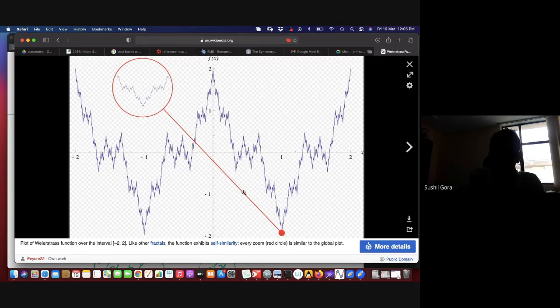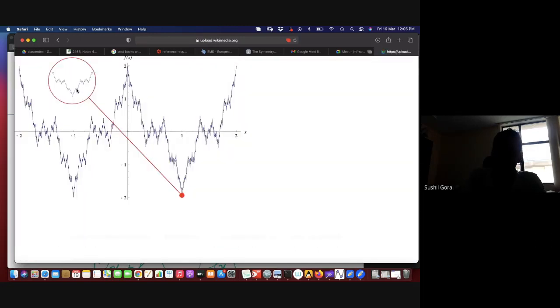If you zoom in at this point, it will be again like this. So the graph would be something like this. Of course, here we have constructed it so that at 0 it is 1, but they have constructed it so that at 0 it is 2. The difference is nothing but that. And then at each step, just look at this one. A lot of peaks at every point. That's the idea.